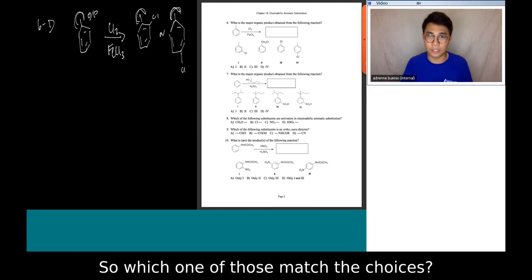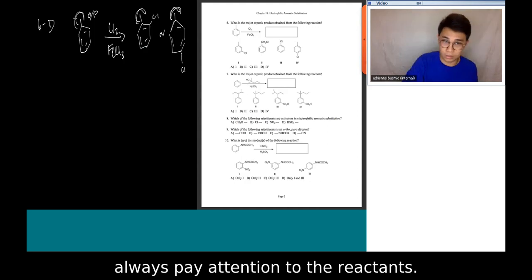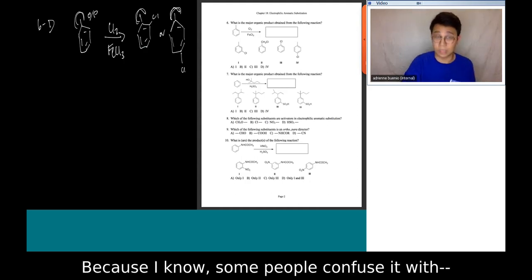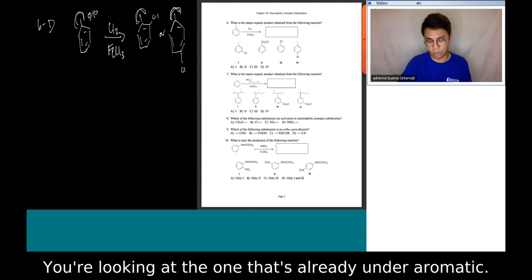So which one of those matches the choices? Right, D. So things like that, always pay attention to the reactants because I know some people confuse it with, oh, Cl is what we're looking at. It's like, no, you're looking at the one that's already on the aromatic.